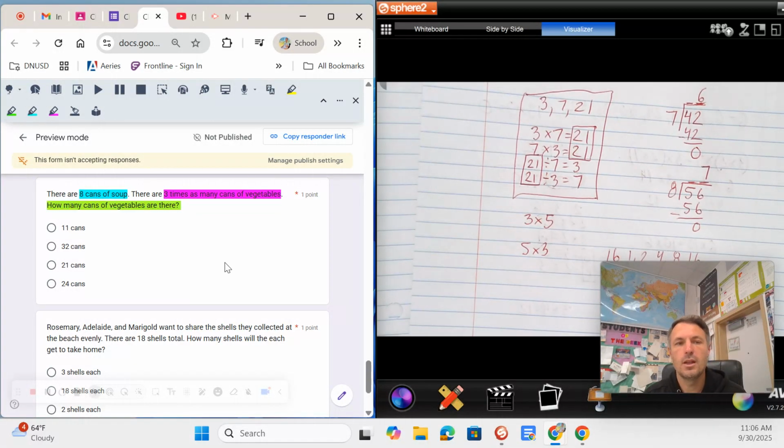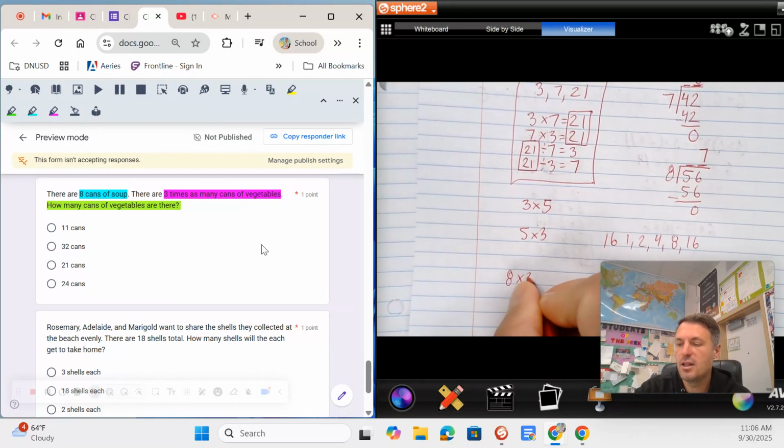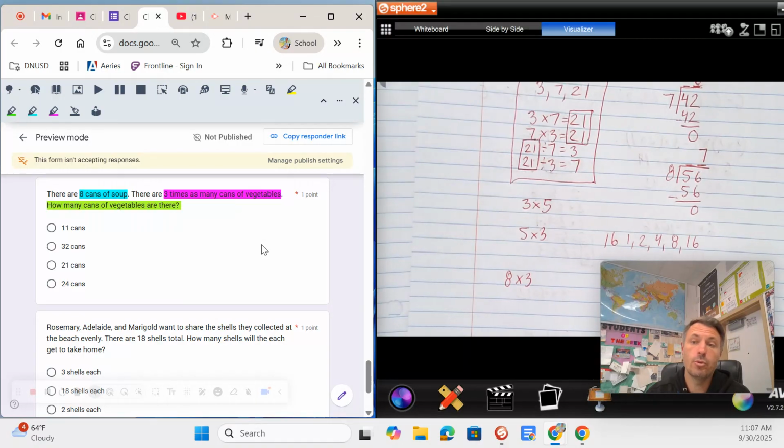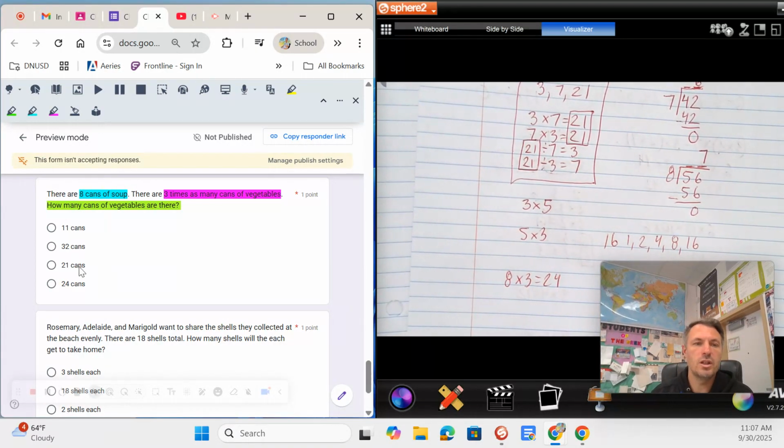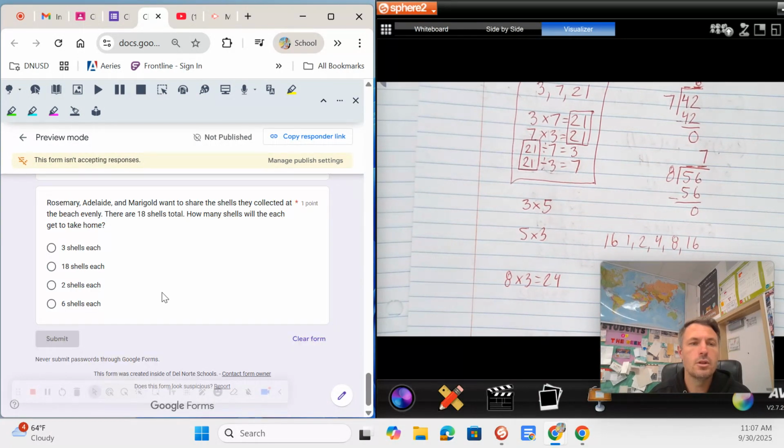Now that takes out the unimportant parts, and we're just focused on the important parts. 8 cans of soup, 3 times as many cans of vegetables. That's 8 times 3, or 3 times more than 8, and that equals 24. So there's 24 cans of vegetables.